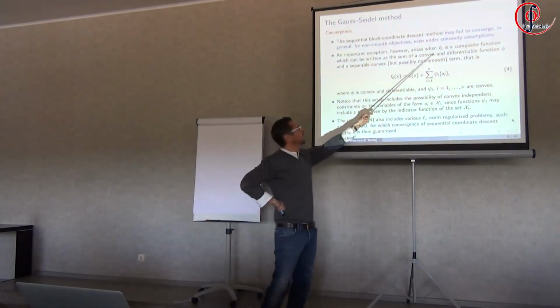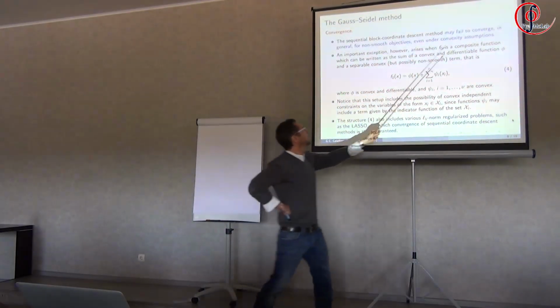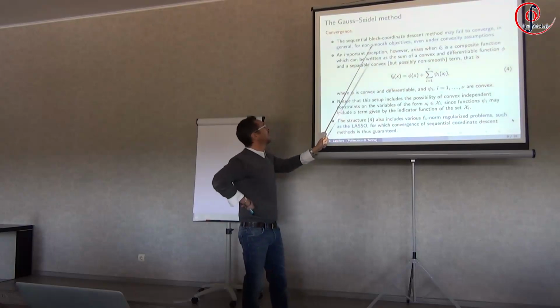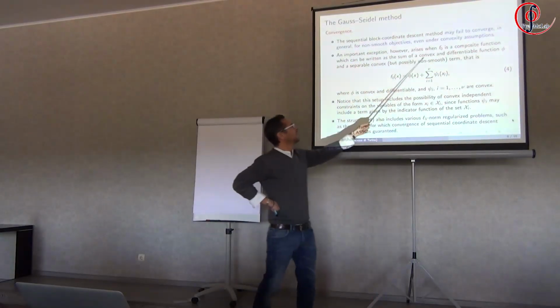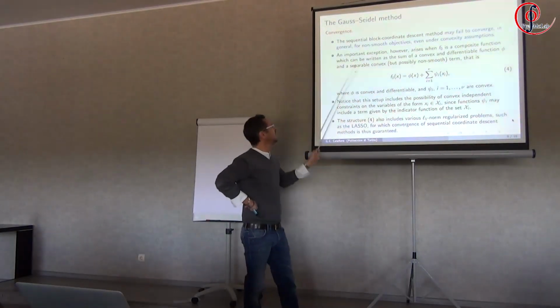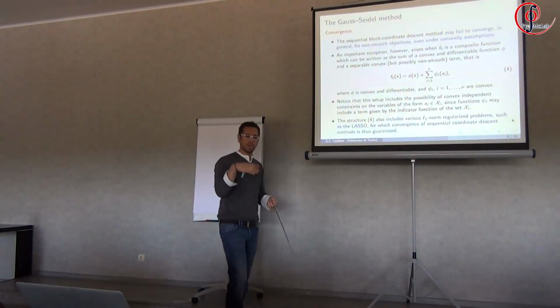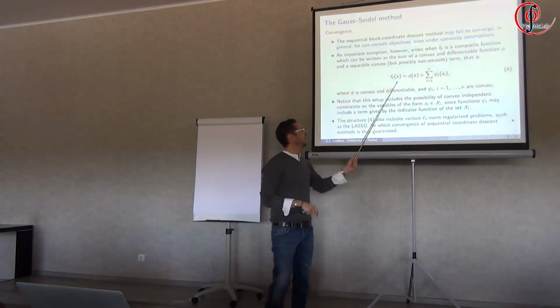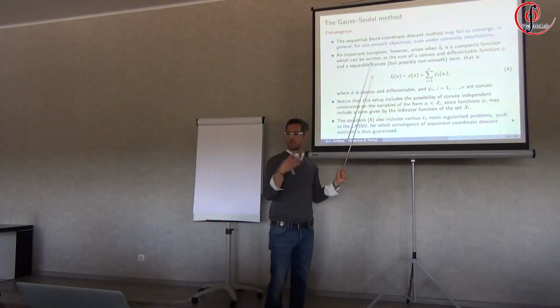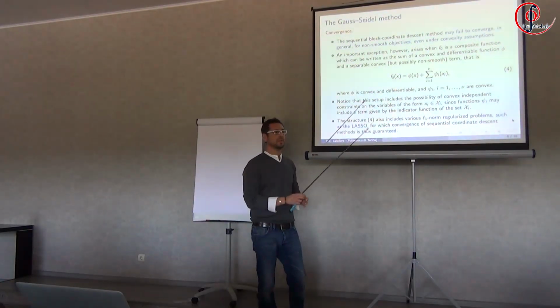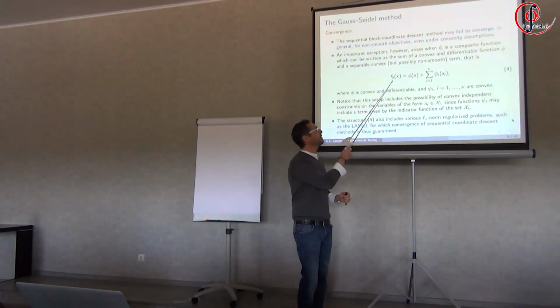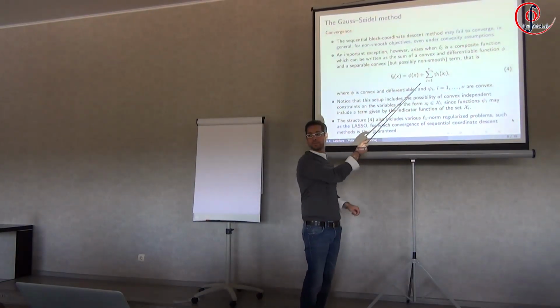exception arises when our function is a so-called composite function, which can be written as the sum of a convex and differentiable function phi and a separable convex but possibly non-smooth term. In simple words, we can apply this sequential minimization method over coordinates to functions that are of this form.